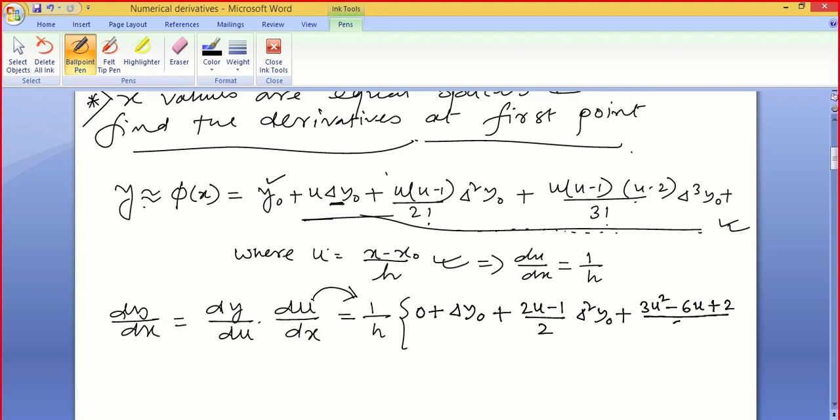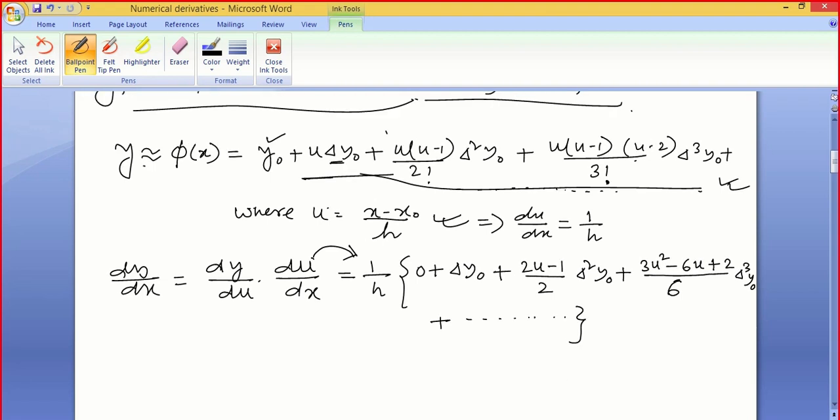Factorial 3 means 6. And the term will be del cube y0. In that way, all the related terms you have to differentiate with respect to u, isn't it? So dy by dx you have already calculated.